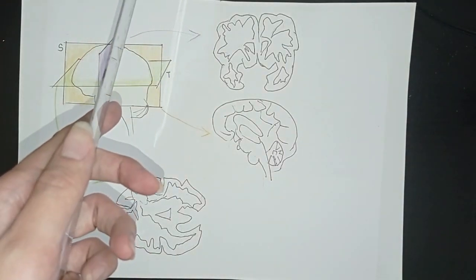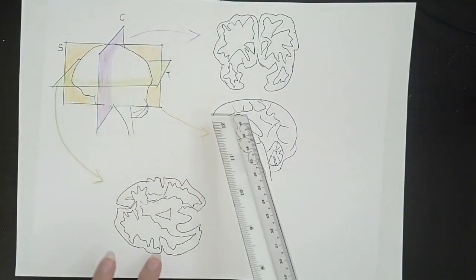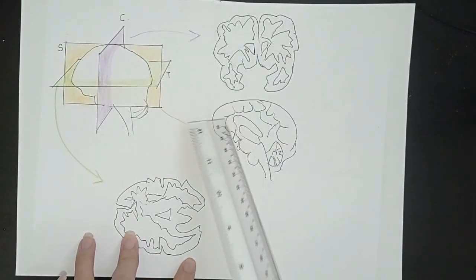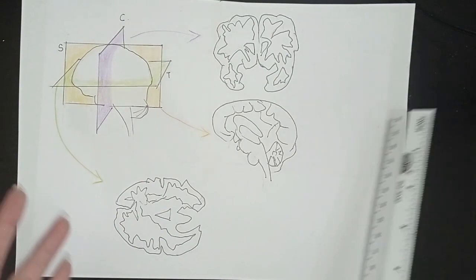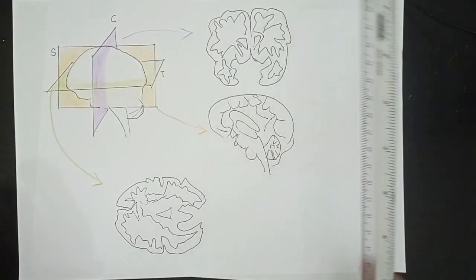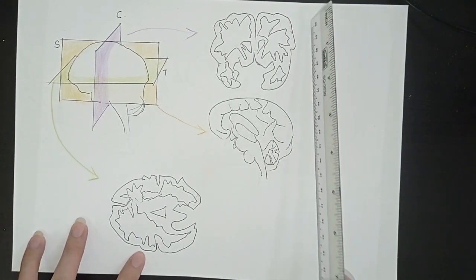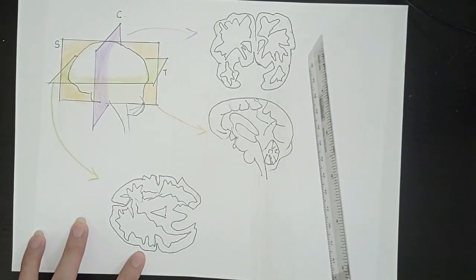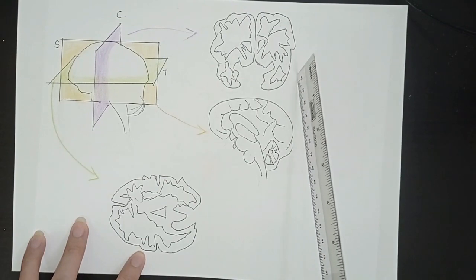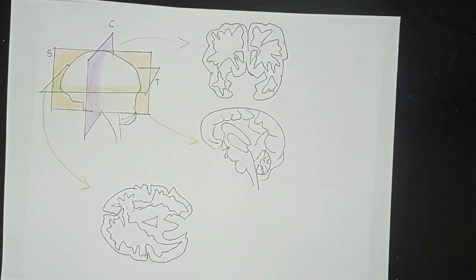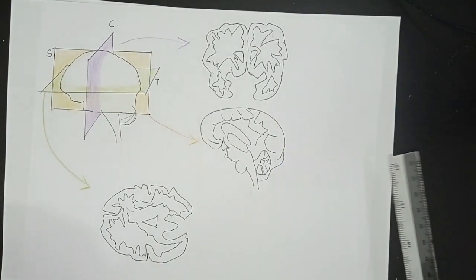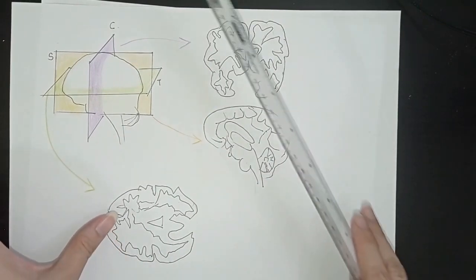And when it's taken in the coronal plane, the image would look something like this. So let's imagine this is a CT scan. If I were to describe this image here, I would say that this is a CT scan of the brain in a coronal plane. By knowing and understanding the planes, we are able to communicate as medical professionals, and we'll be able to understand radiological reports and correlate to them much better.